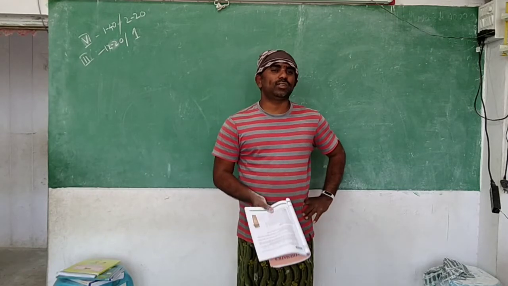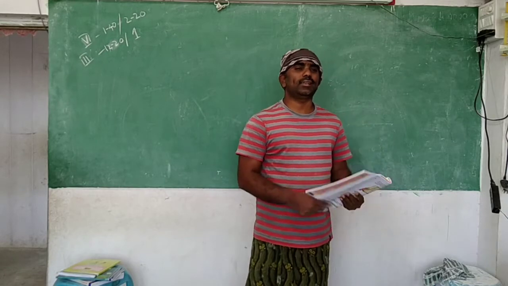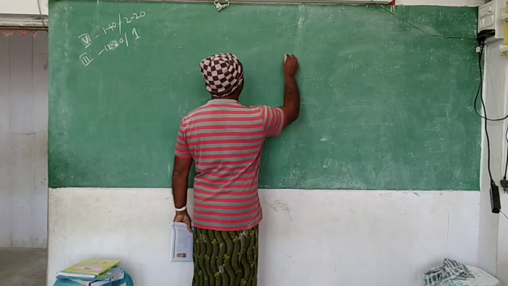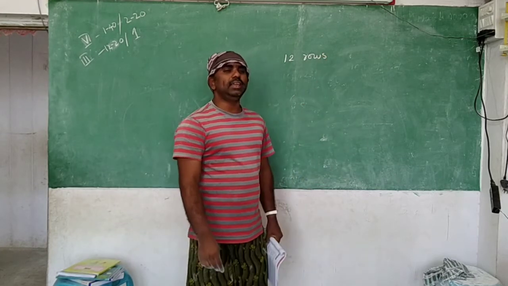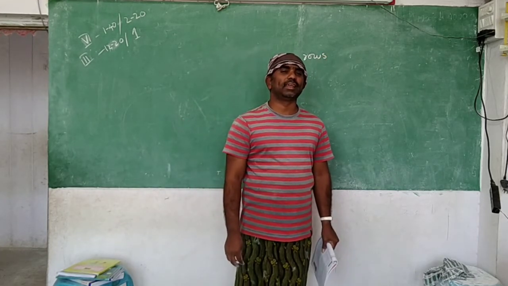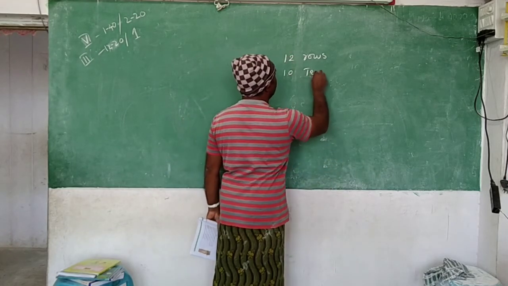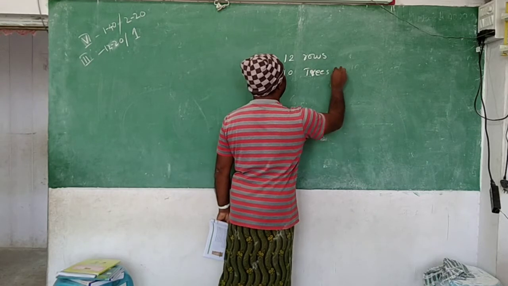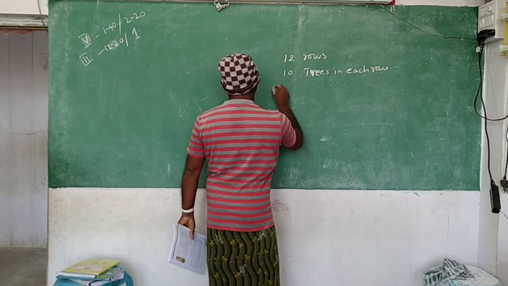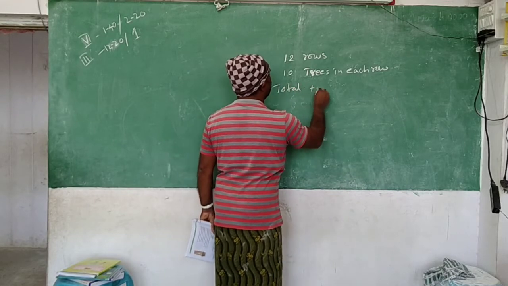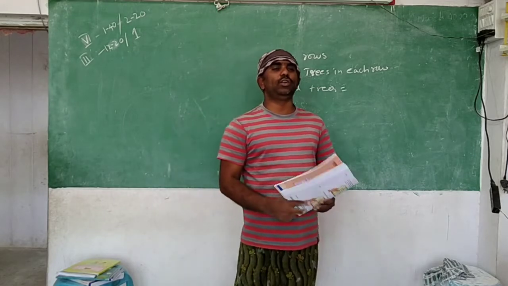There are 12 rows of trees. And in each row, how many trees are there? 10. Very good. 10 trees are there in each row. What you have to find? Total number of trees. Total trees are how many? How do you find it? What should we do to find the answer?